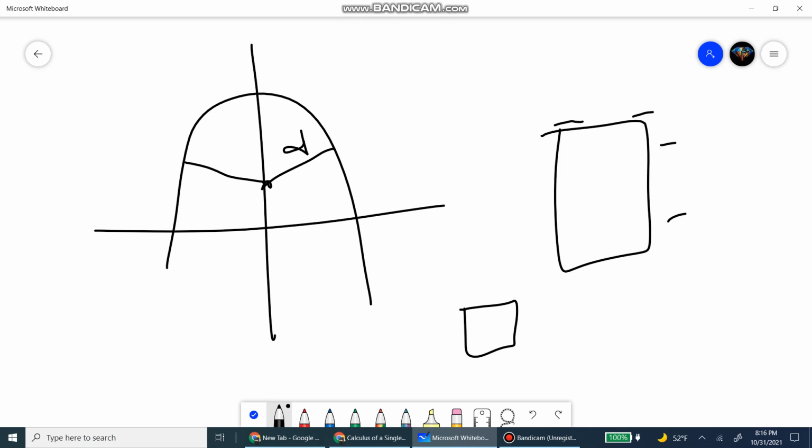So yeah, that's pretty much it for the optimization topic. You just have to go out and do questions relating to optimization. Like in the beginning, I showed you a very simple example with the box. I related the volume equation with the surface area equation and figured out the derivative.